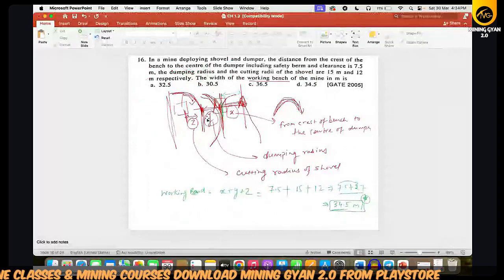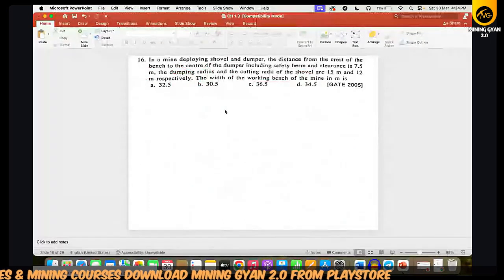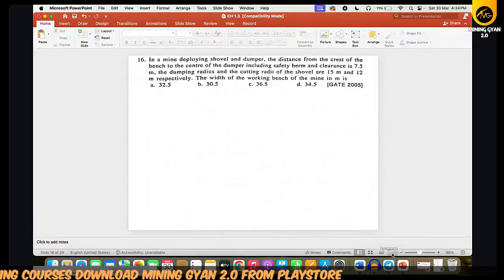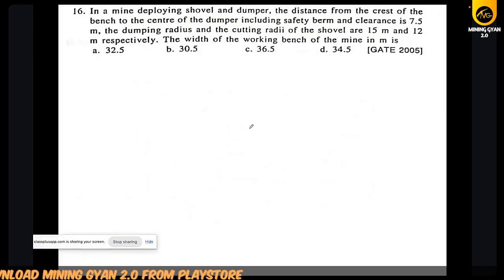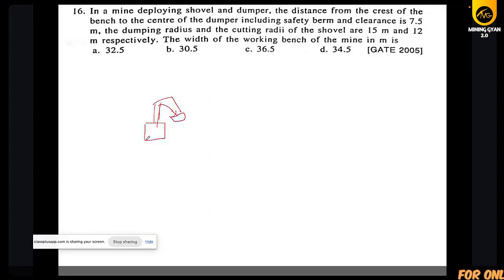But what they want in this type of question, if you want to calculate the working bench width, suppose this is your shovel, and this is its bucket, and this is your dumper.